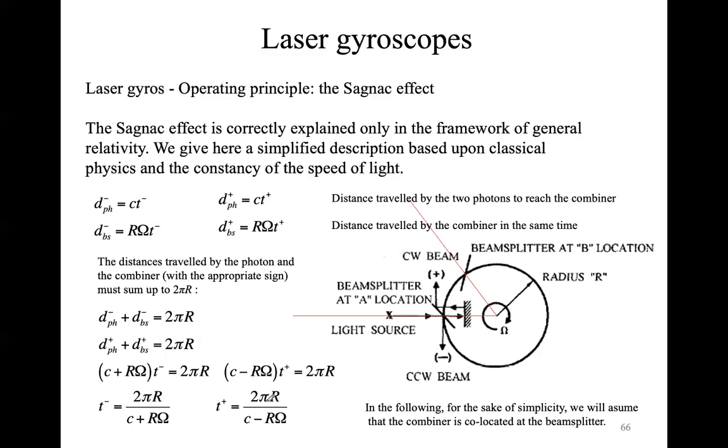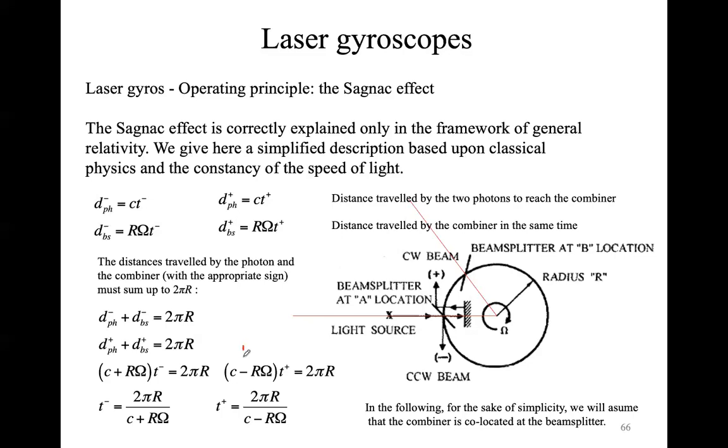The reason why you have a minus here is because, as I said, you have to take into account that between the photon and the beam splitter, they are moving in basically opposite directions. So this detector is moving away from the photon.